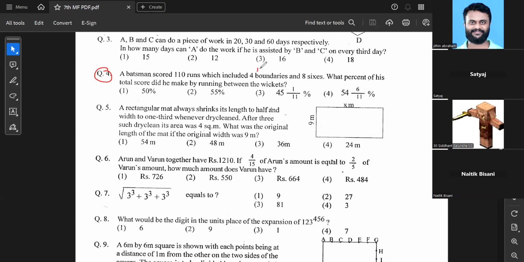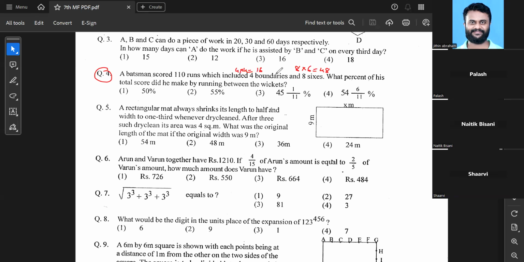In 4 boundaries, he might have made 16 runs, 4 multiplied by 4. In 8 sixes, he might have made 8 multiplied by 6, that's 48. So without running, he might have scored 16 plus 48 runs, which is 64. So without running, he made 64.